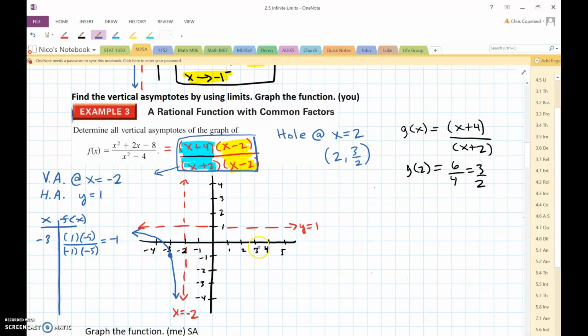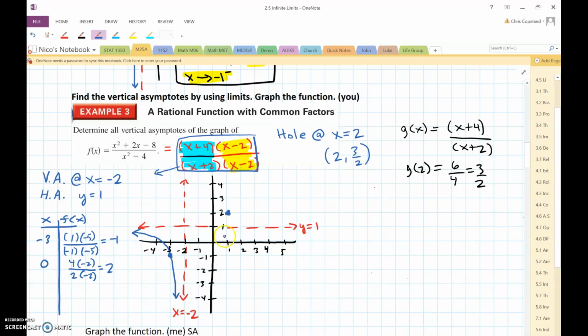Then let's pick a point on this side of the vertical asymptote. Let's try 0, because 0 is going to be easy to plug in. I plug in 0, I'm going to have 4 times negative 2 all over 2 times negative 2. So this is going to be 2. So (0, 2).